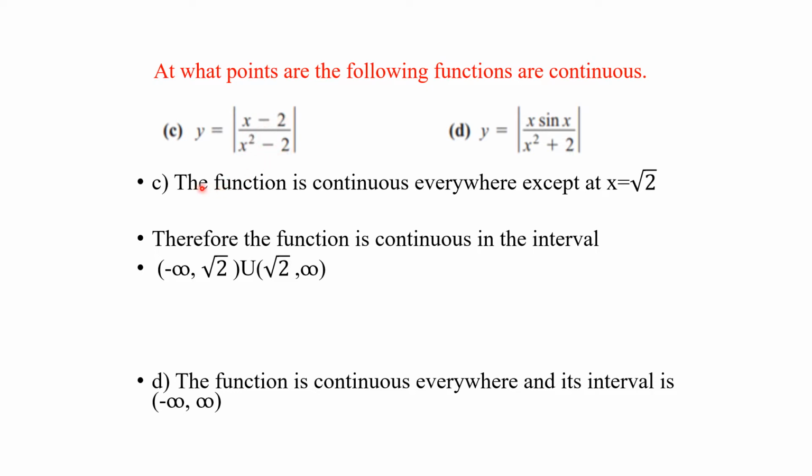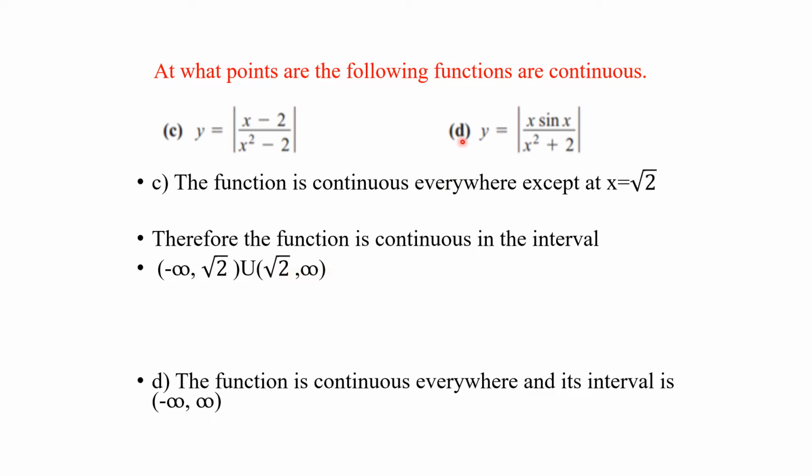This function is continuous everywhere except at the point x equal to square root of 2. Therefore, the function is continuous in the open interval from negative infinity to square root of 2, union the open interval from square root of 2 to plus infinity.